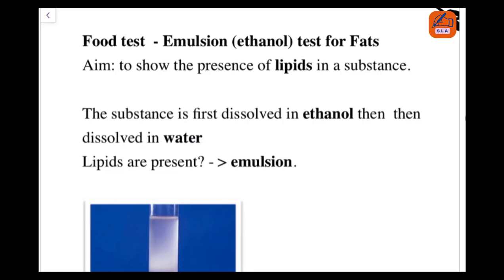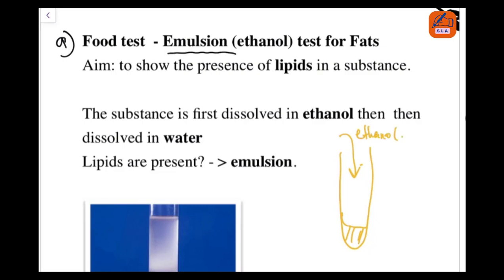So how do we test for fats? We have basically 2 types of tests, and one of them is the emulsion test or ethanol test for fats. What are we going to do there? We have our food sample to be tested, and to this food sample we add ethanol.